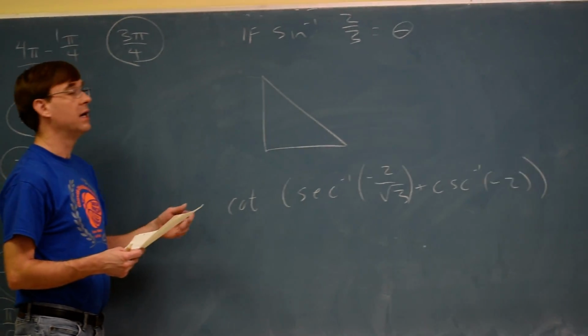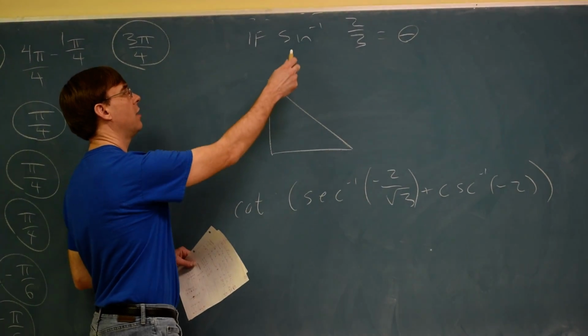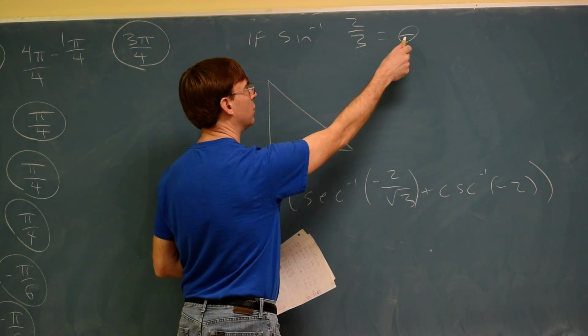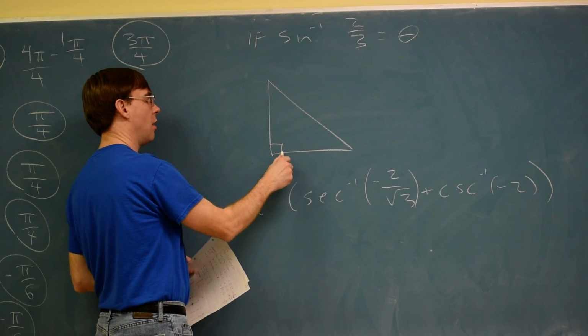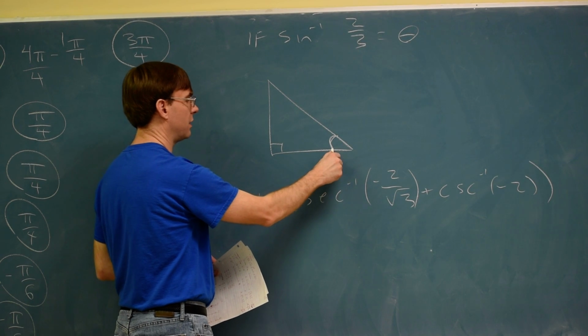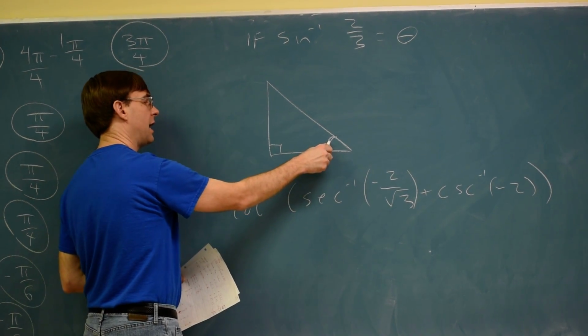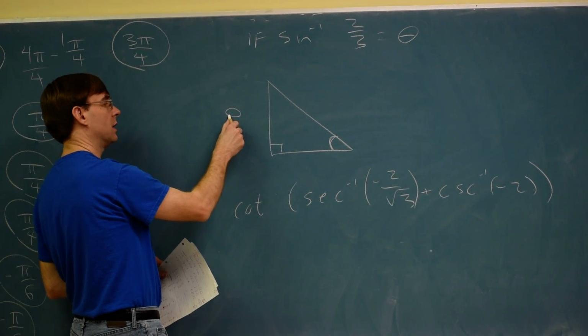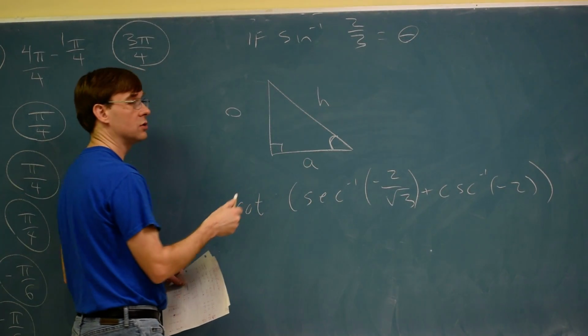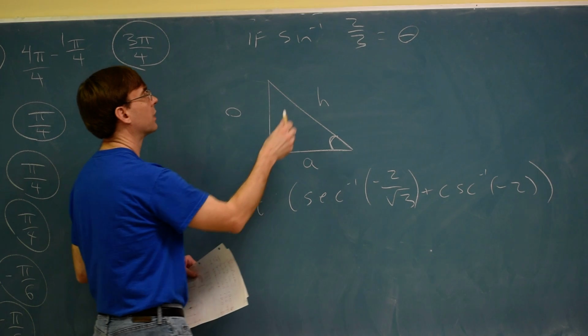They're going to give you information to make a drawing. They're going to tell you that sine of 2/3 could lead you to an angle. So you need to draw a right triangle, pick an angle. I'll pick this corner because I feel like it. From this angle's point of view, that's the opposite, that's the adjacent, and the hypotenuse is always the longest one.